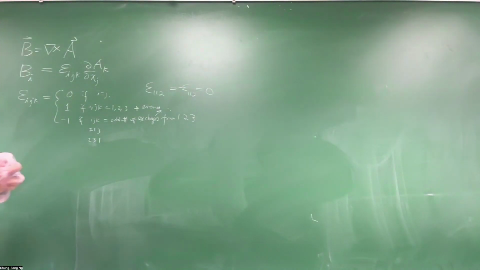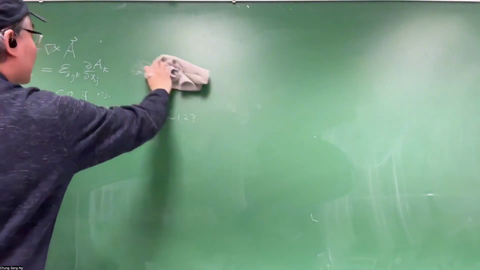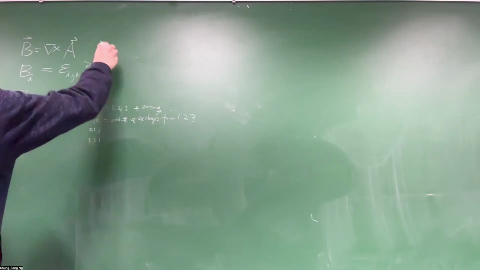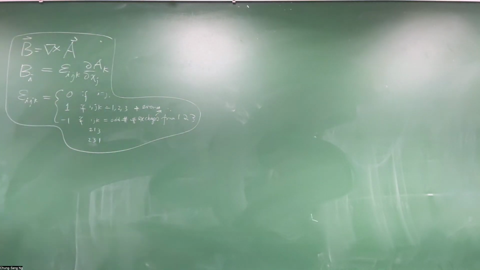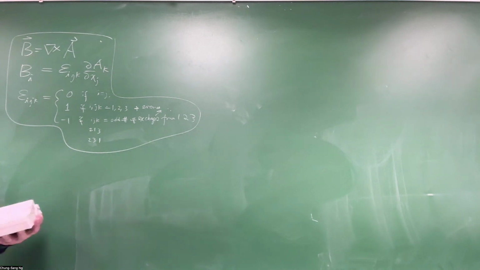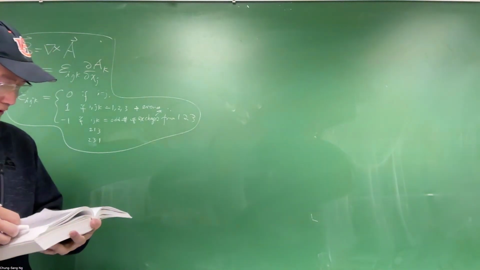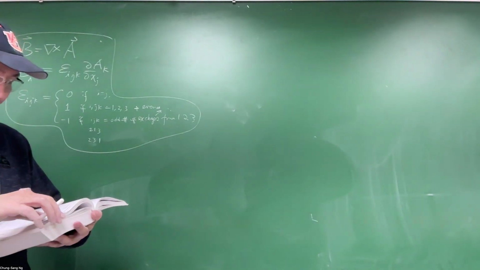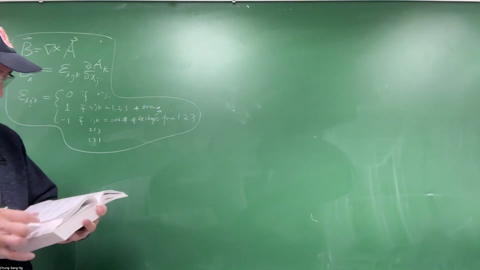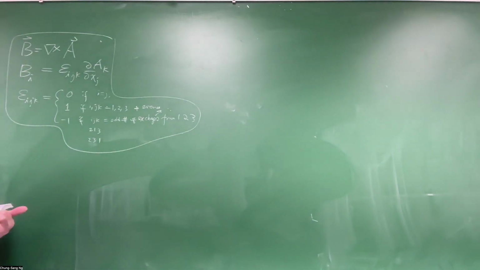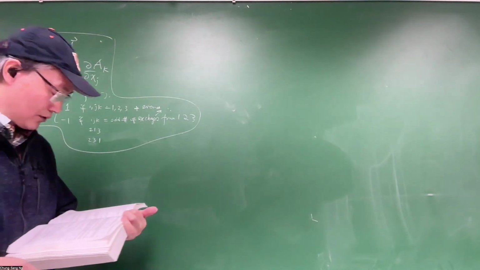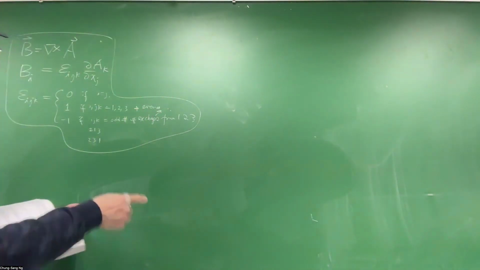Okay, so let's get some space here. This is the definition. Stay with just three-dimensional space, but the idea you can generalize to any dimension. The idea is you assume that in one coordinate system you have this epsilon.